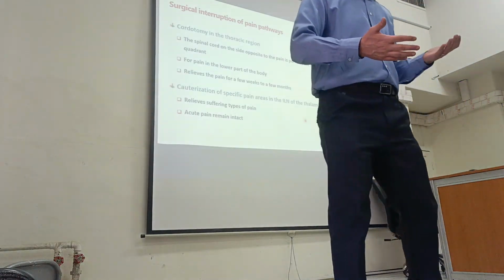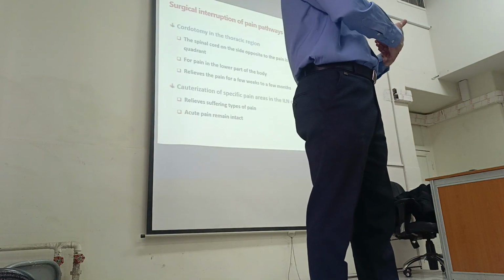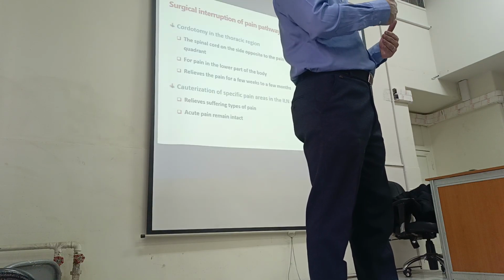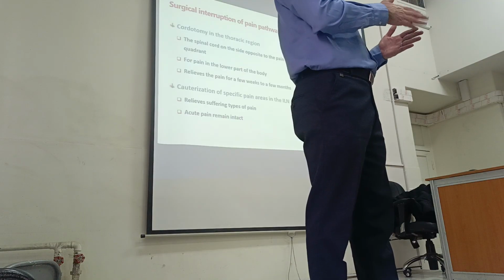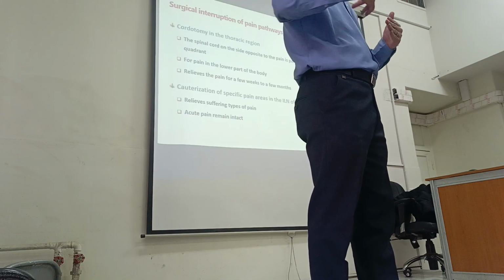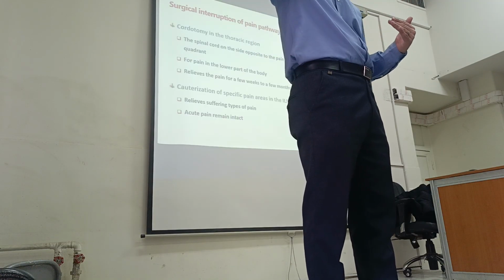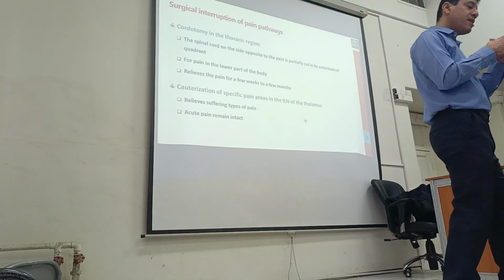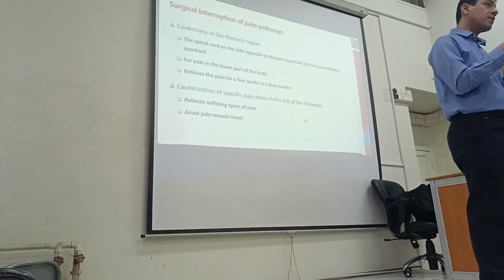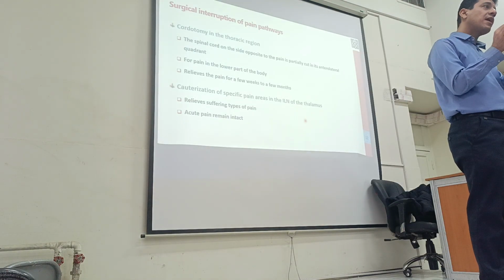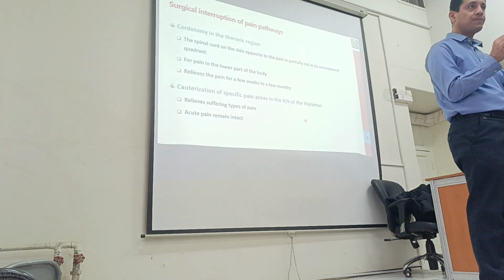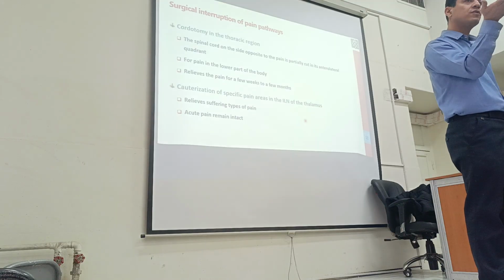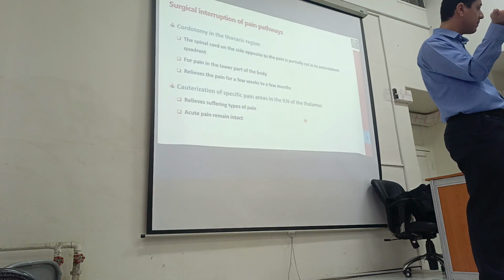Because fibers for pain come to the spinal cord and in the spinal gray matter, dorsal horn. Then other neurons go to the opposite side and go up. So on any side of the spinal cord, we have fibers that carry pain from the opposite side. So if we have pain in the left leg, then we should cut fibers on the right side.